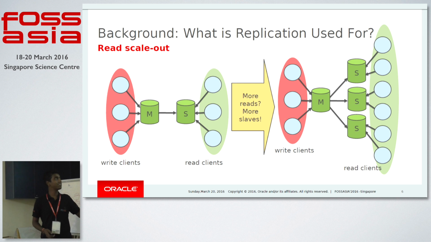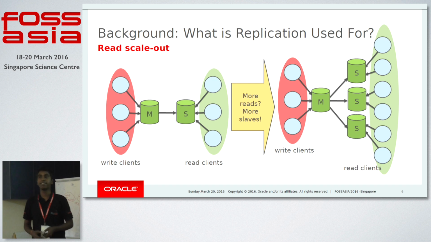So replication is a way to provide read scalability. We can have a very intensive master server, and we can replicate the data onto the slave so that the performance of the server doesn't go down if multiple reads are happening at the same time.